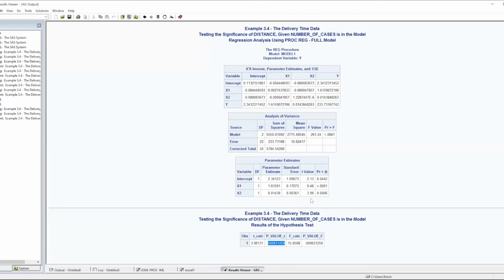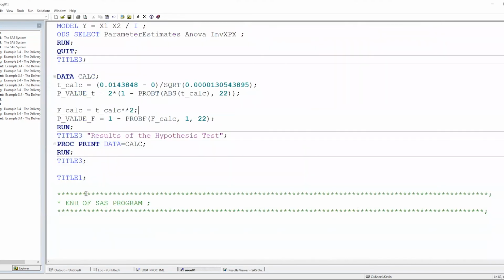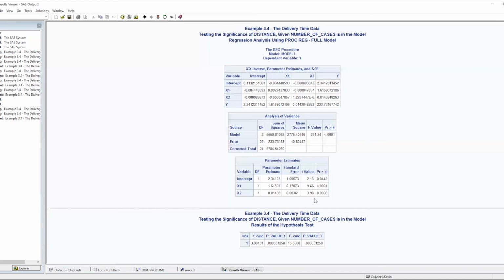So the bottom line is that this hypothesis test that we did by hand, essentially, by obtaining the point estimate for beta 2, obtaining the estimate of sigma squared, multiplying that against this quantity to get the estimated variance of beta 2 hat, taking its square root, and then constructing the t-statistic programmatically in this data step down here, all of that work is actually being done right here, in the last row of this table.